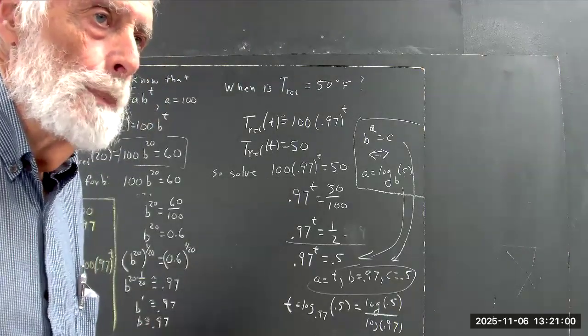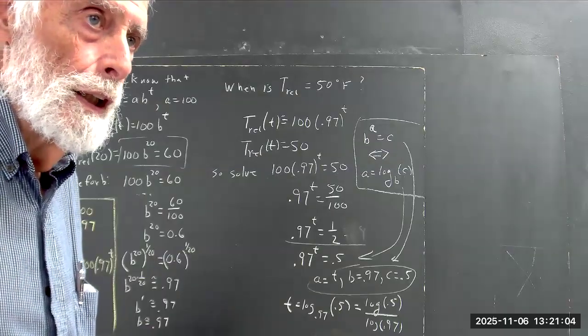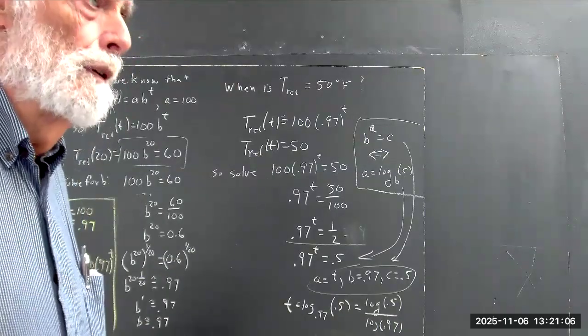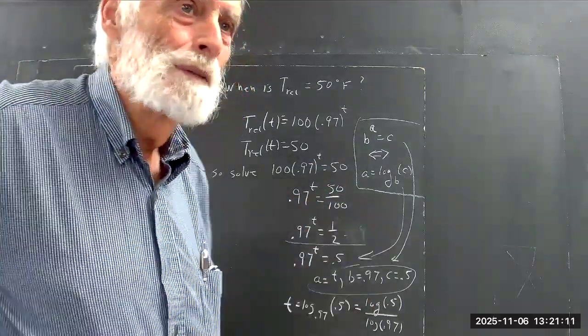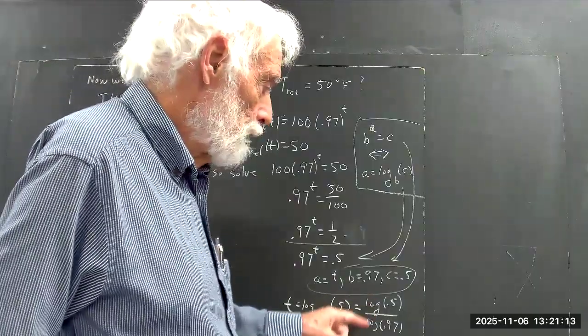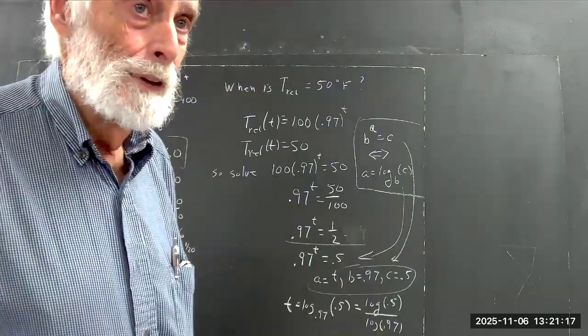And you have a LOG button on your calculator. You also have an LN button for natural log, which I told you about last time, but it's worth repeating. And you could use natural logs here if you want. I don't have room to write those out. Okay.